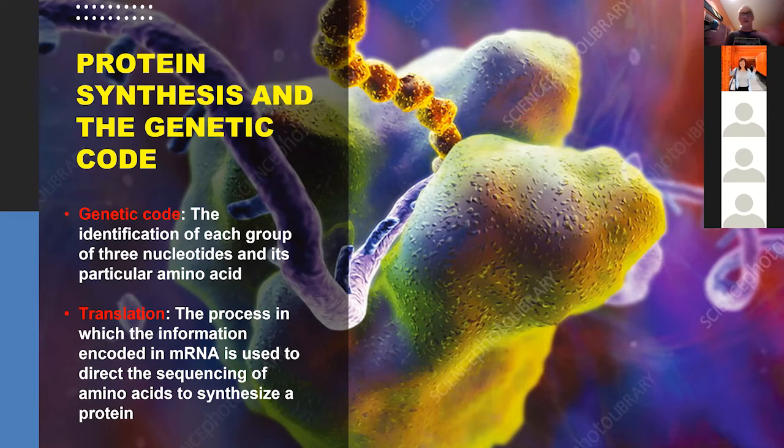When we translate that code, we translate the RNA sequence into a protein sequence. So the messenger RNA has the sequence that dictates what the sequence of amino acids is going to be. And of course, that sequence originally came from the gene on the chromosome in the nucleus.